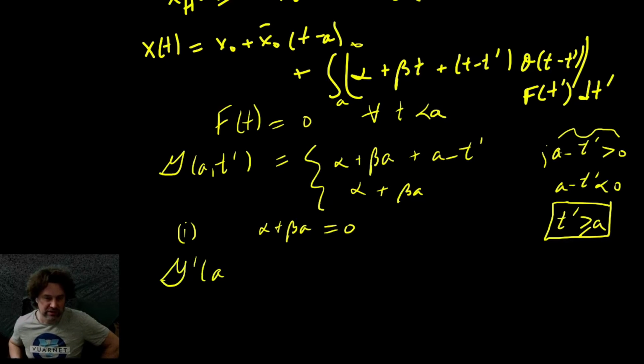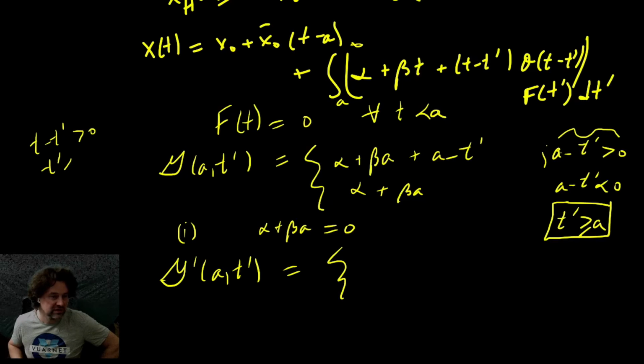So g prime at a is, if we take derivatives, our alpha is killed, beta t becomes just beta, and t gives us a 1, that is in the t minus t prime greater than 0 region. T minus t prime greater than 0 means that t prime is less than t.